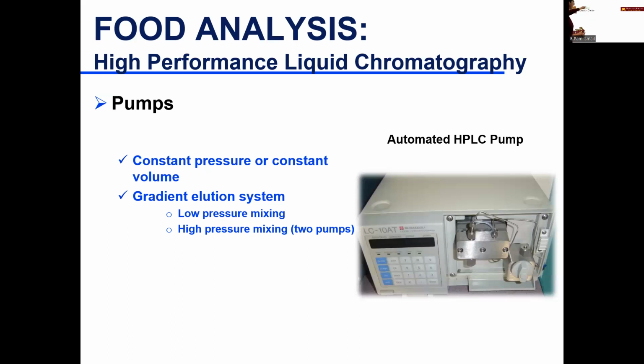You can use low pressure mixing, that's fine, but maybe your baseline is a little bit not straight, because the mobile phase is not mixed as well as under pressure. So you might not have a nice smooth baseline. Depending on your system in the lab and your purpose of the experiment, you might go either way.